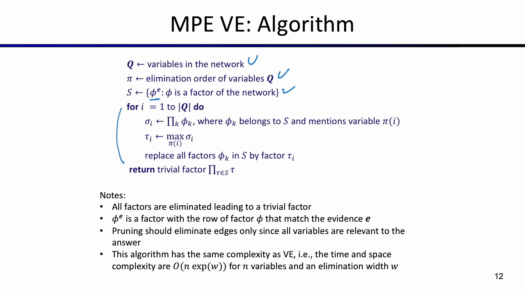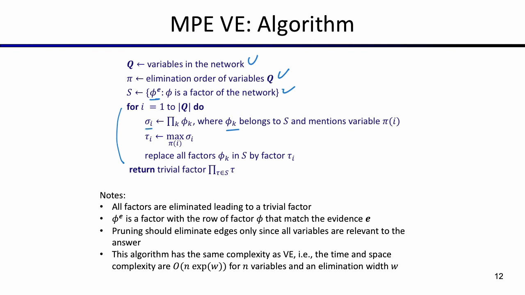And we do this in two steps, as we are used to. First, we multiply all the factors, which we are calling phi k, that belong to S and mention the variable pi i. So, for instance, in the first iteration of this loop, we take the first variable, take all the factors that mention it, and multiply them together. We are calling this sigma i.